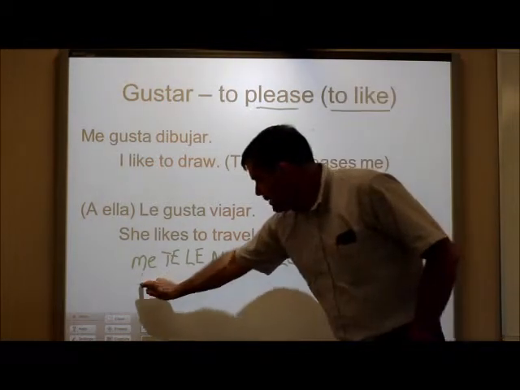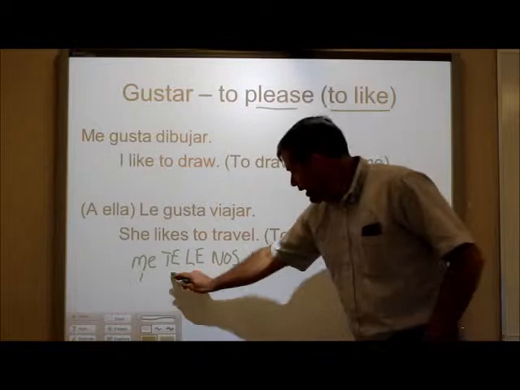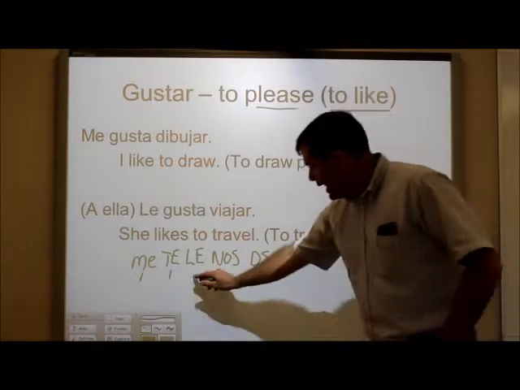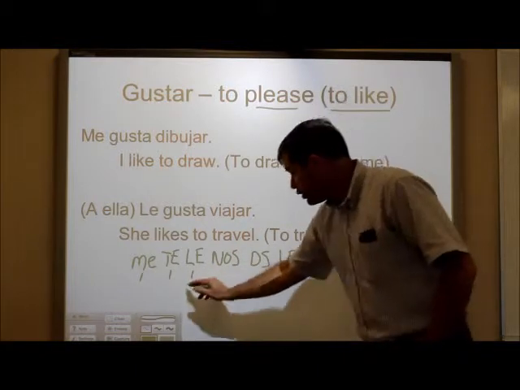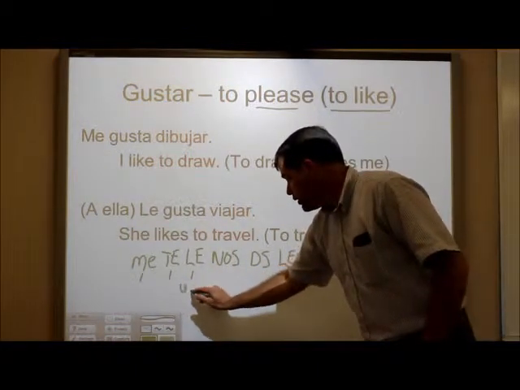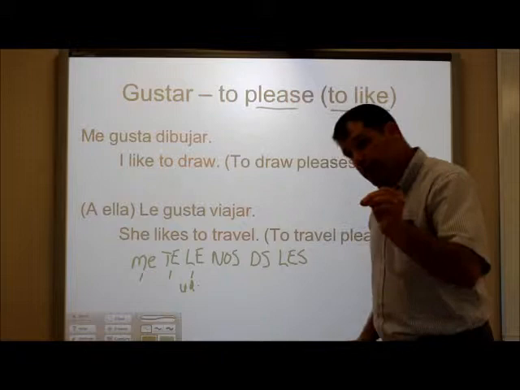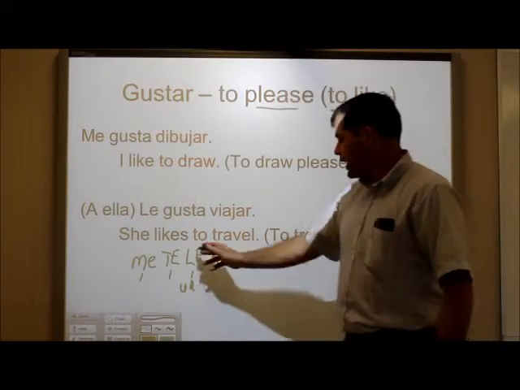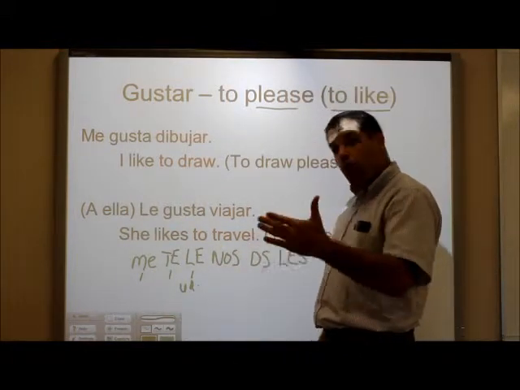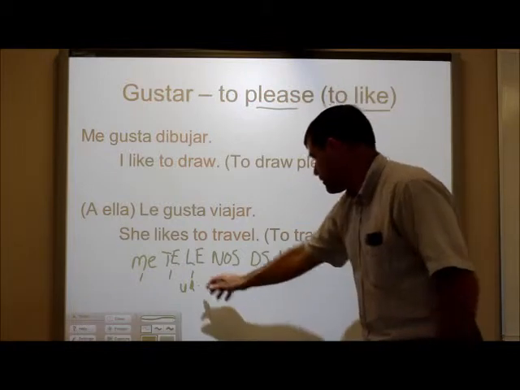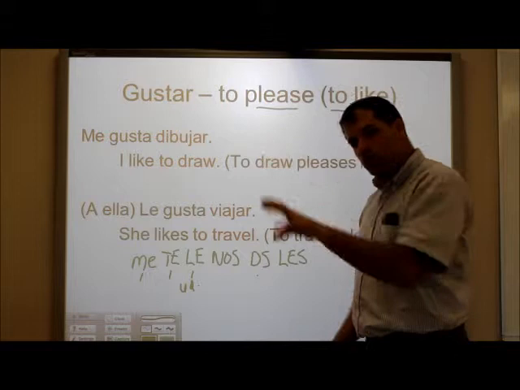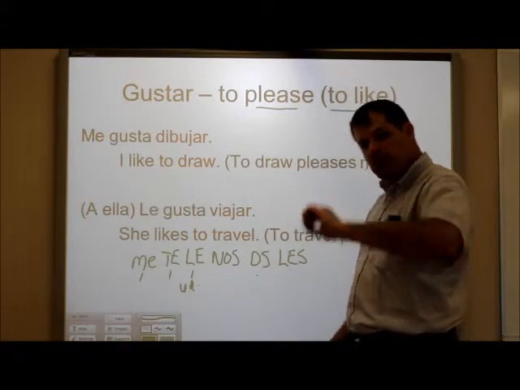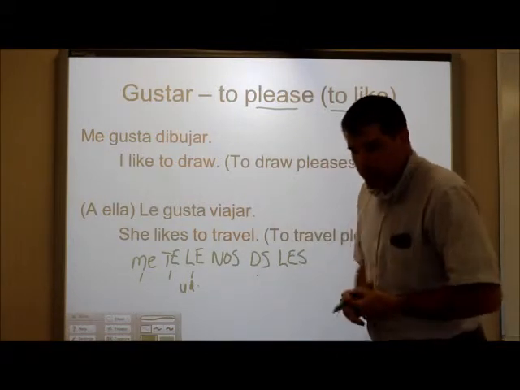Okay? Me means me, te means you, le means him, her, or you, if the you is referring to usted, remember, that polite form. So le can mean him, her, or usted, you. Nos means us. Os means you, plural, y'all, however you say, you plural.